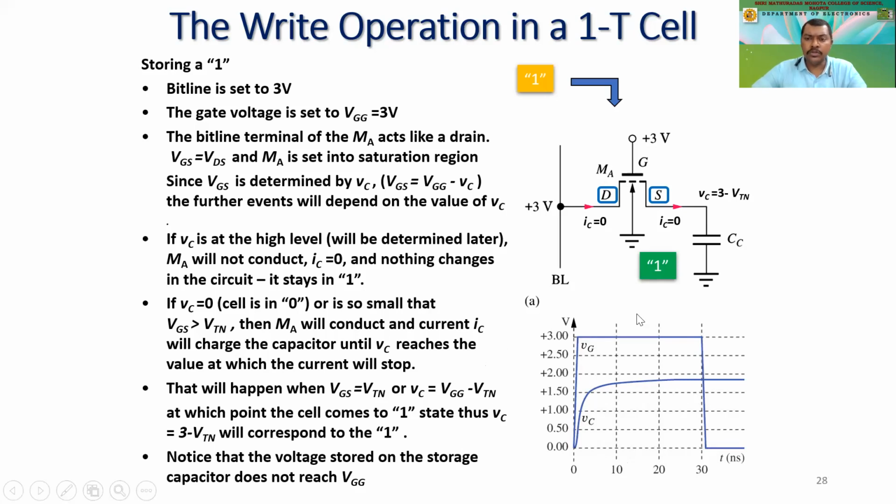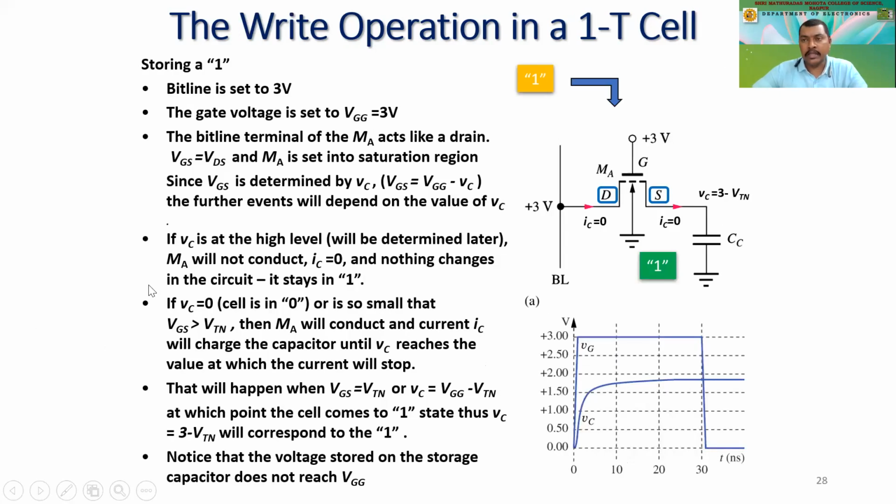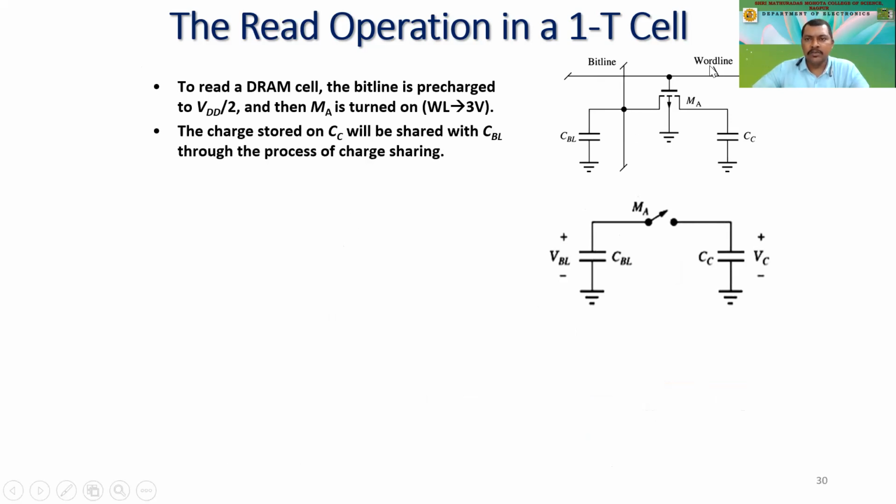Okay, so this was the basics of how to write 1 or 0 in the dynamic as well as static RAM. Now to read, we have already studied how to read the dynamic RAM cell. The bit line is pre-charged, and we use the word line and bit line to read the data. The charge stored on CC will be shared with CBL, right?